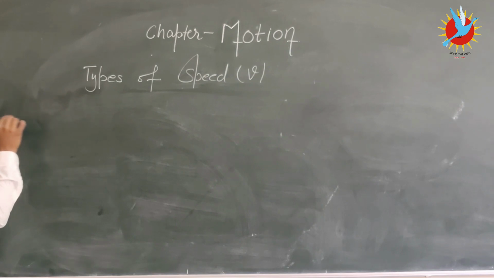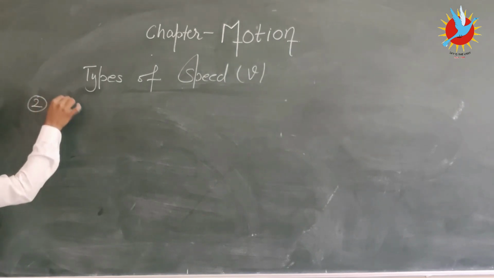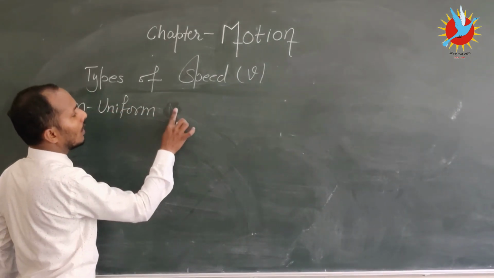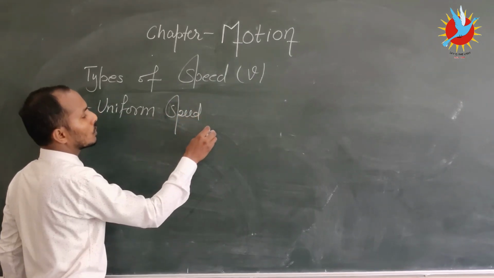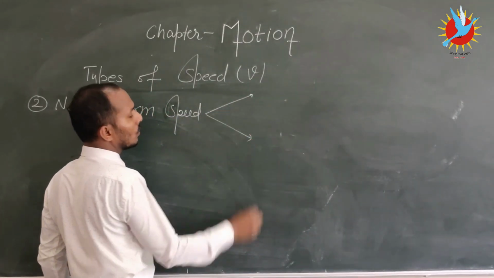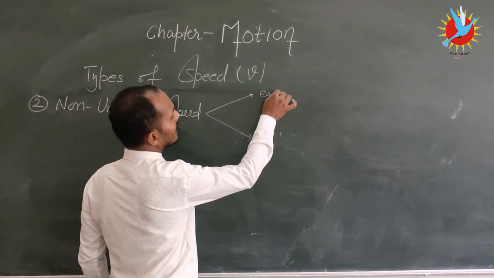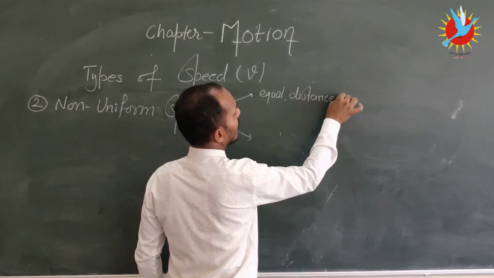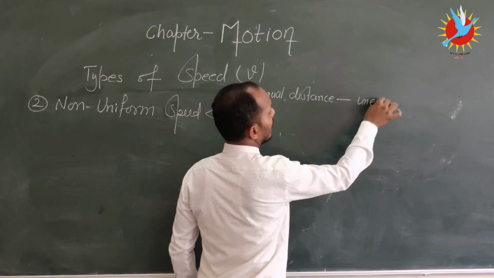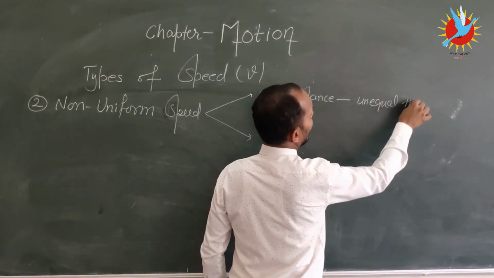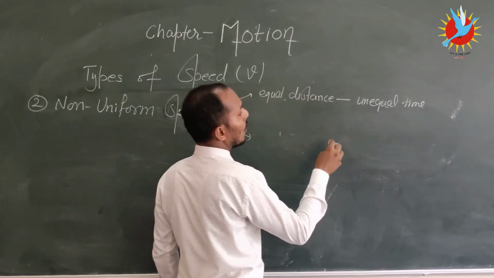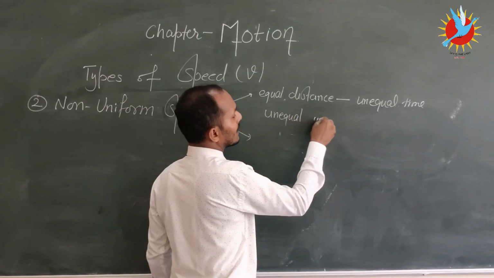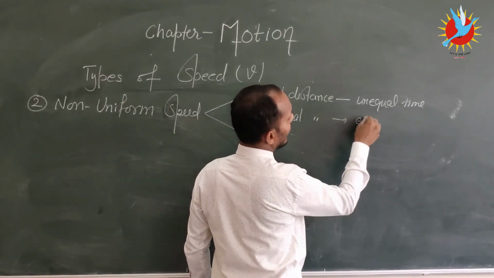Now there is another definition: non-uniform motion or speed. You can define it in two ways. If a body covers equal distance in unequal time, or vice versa, meaning unequal distance in equal time.